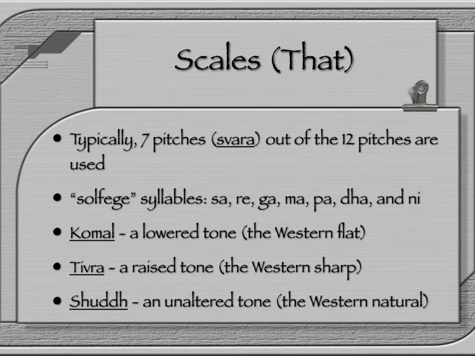For example, there may be another tone called the vadi, around which a player may dwell during improvisation. The term kamal refers to a lowered tone, which is equivalent to our Western flat sign. Our Western sharp sign has its counterpart called tivra, and they call a natural shuddha.